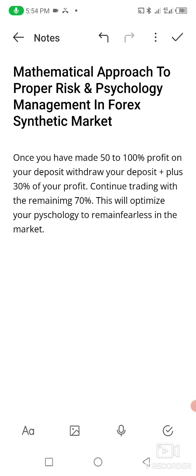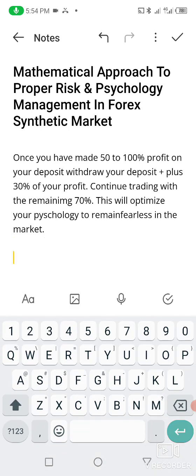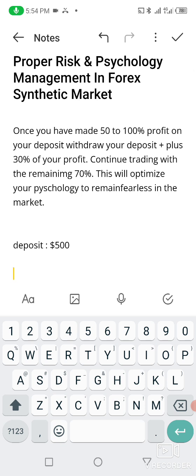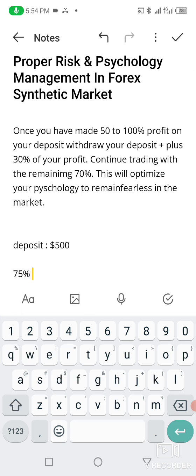Take for instance, you make a deposit of $500. This is your deposit, and now you make an average profit of 75%, which is the average of 50 to 100%. So you make 75% profit on $500.